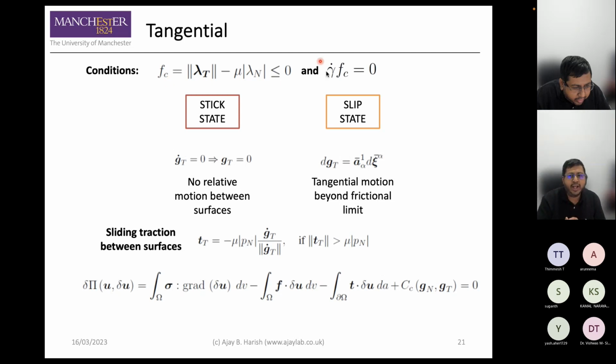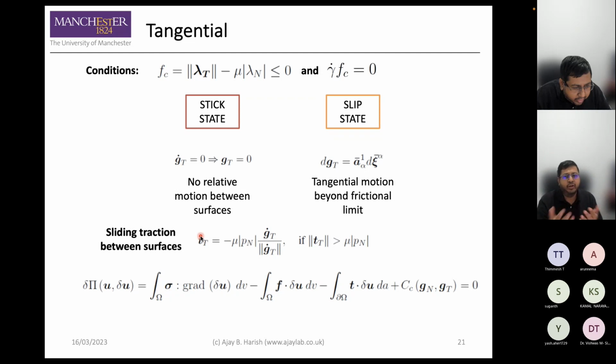And if it is not the case, then the tangential force from friction is higher than mu times the normal force, which means there's going to be some relative motion between the two bodies. Depending on that, we define our traction force. Here you can see g t dot is 0, which means the sliding traction is 0 in the case of a stick state.